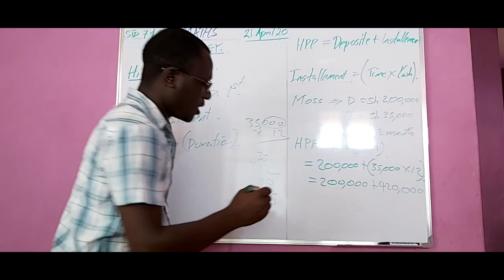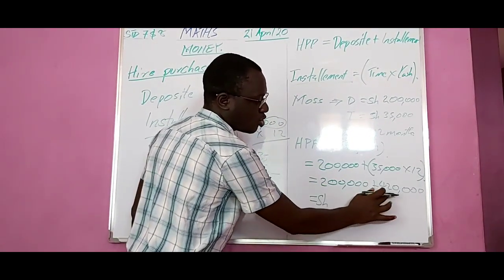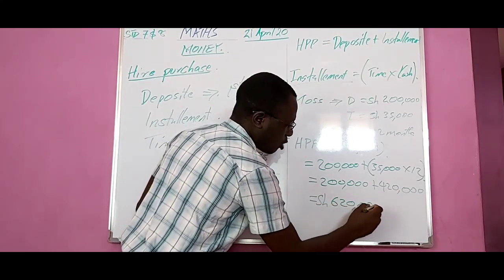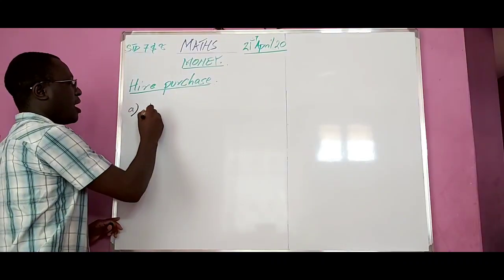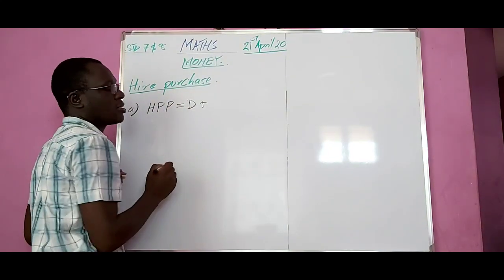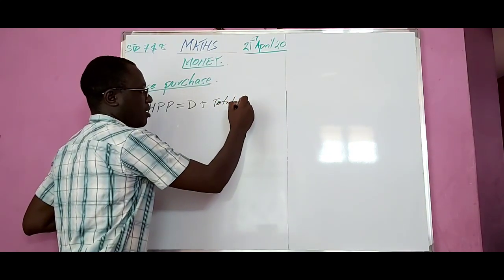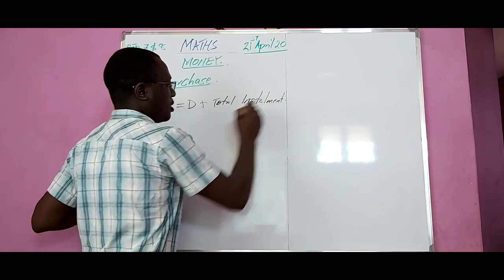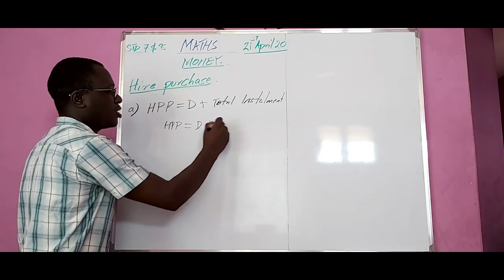Now when you add together, 200,000 plus 420,000, you'll have 620,000. This is the total cash that Moses will pay. His hire purchase price is equal to deposit plus total monthly installment.